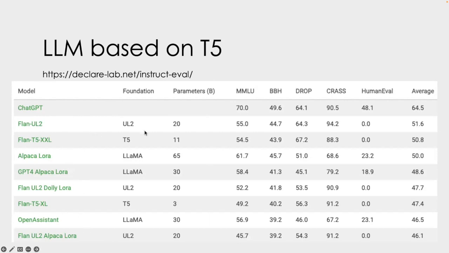For example, this is an instruction evaluation, evaluating different models on different data sets, and this is the average performance. ChatGPT is clearly the winner, though of course this doesn't include all the other private models. I just put ChatGPT as a benchmark. It clearly wins, and it also has a lot more than 100 billion parameters.